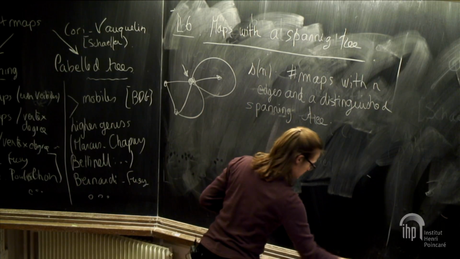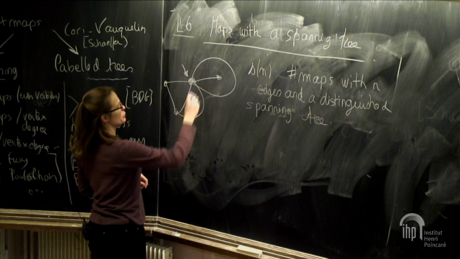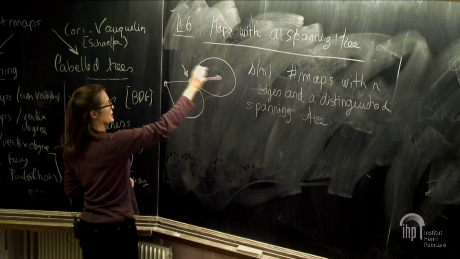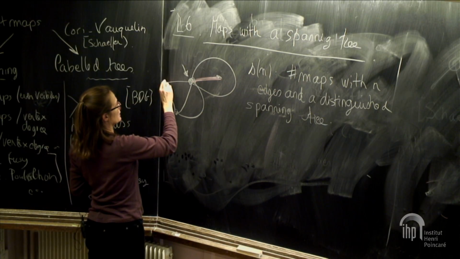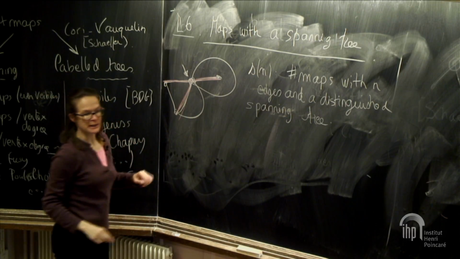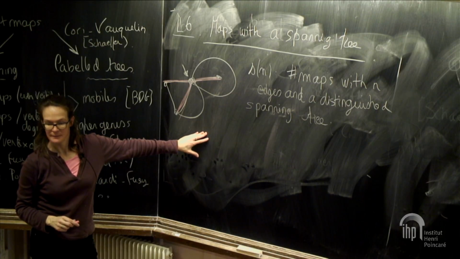So for instance, here I could have, so for a spanning tree, I certainly need to take this edge. There's no loop in a tree, and so maybe I will take this and that. So a spanning tree is a tree that is a set of edges that covers all vertices. Okay?